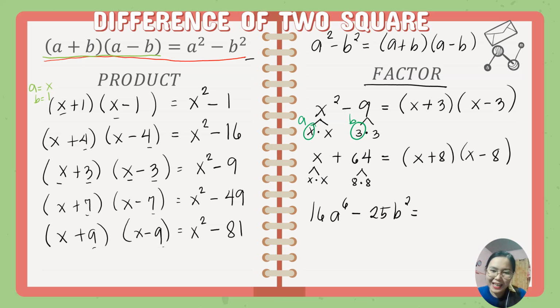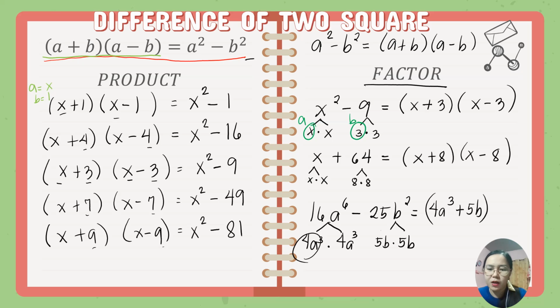Simply, 16 is 4 squared. For a to the 6th, you just divide the exponent by 2, so a cubed. Then for 25b squared, we have 5b multiplied by 5b. So the answer is (4a cubed plus 5b) and (4a cubed minus 5b).